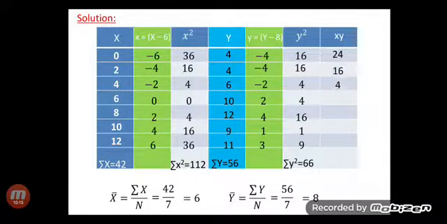Minus 2 into minus 2 is 4. 0 into 2 is 0. 2 into 4 is 8. 4 into 1 is 4. 6 into 3 is 18. Now summation small xy is equal to 74. Now this is the information we have to calculate to find out the regression line or regression coefficients.